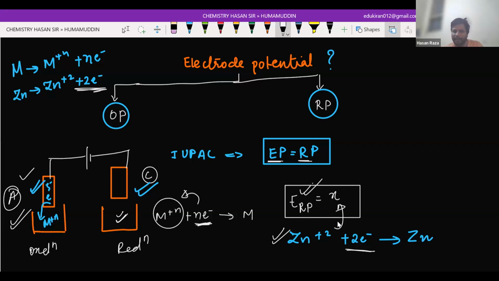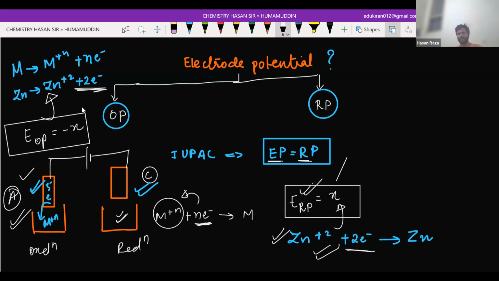You can see here it gained 2 electrons and has electrode potential x, and here it loses 2 electrons, so it will have oxidation potential minus x. Yes or no? Yes, sir.